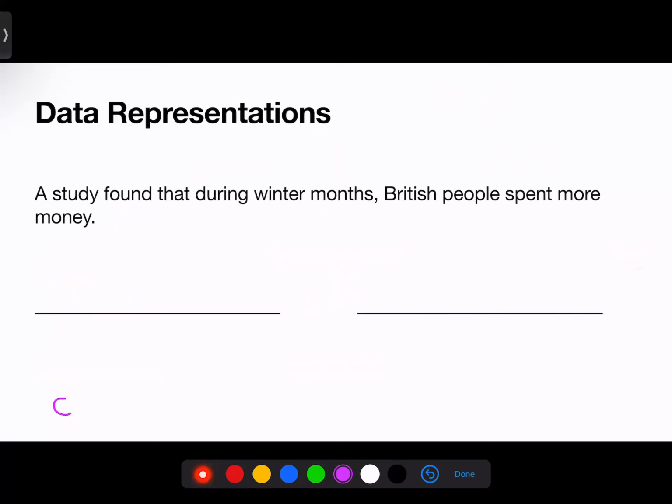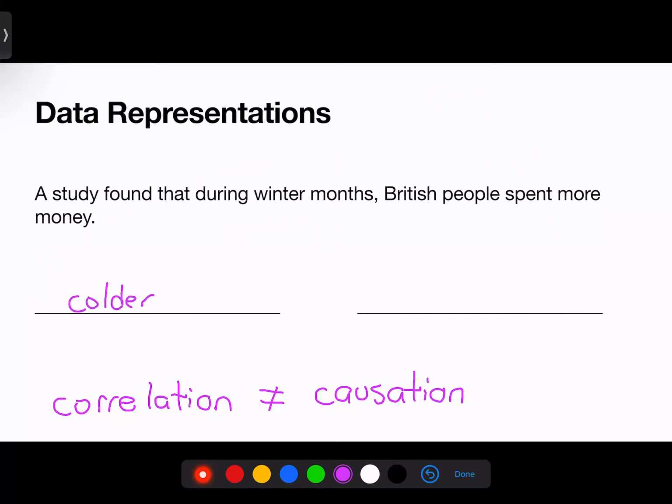Correlation does not equal causation. A study found that during winter months, British people spent more money. One might be able to imply that colder temperatures means British spend more money.